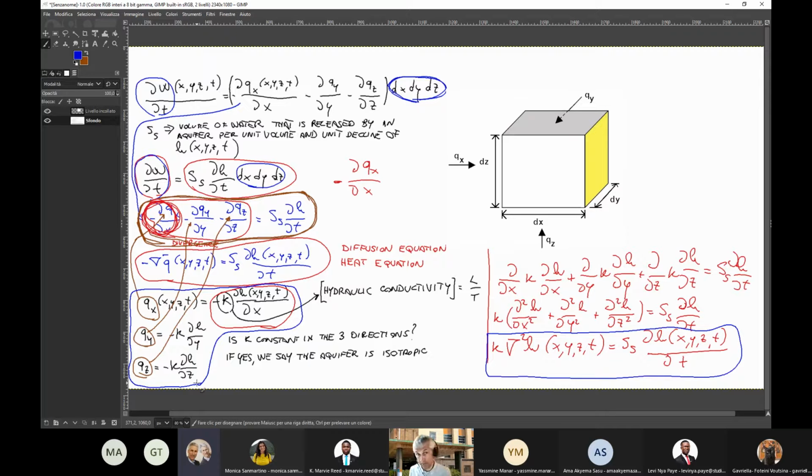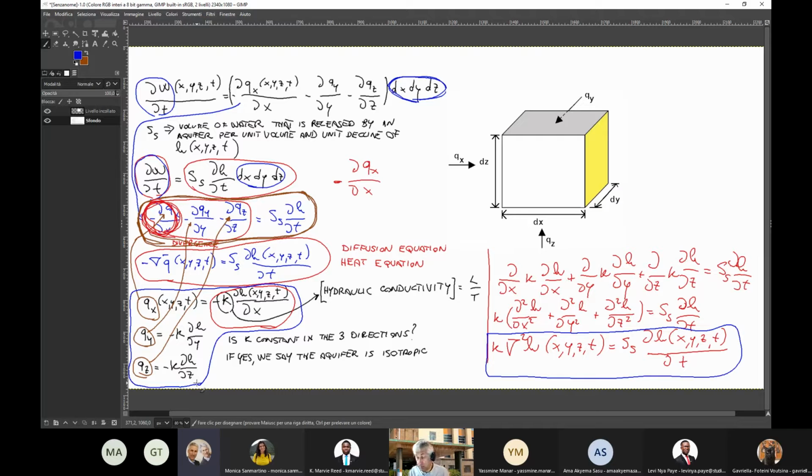We need to describe them. We can make assumptions that they are constant, like I did in this equation. I assumed K and Ss are constant.